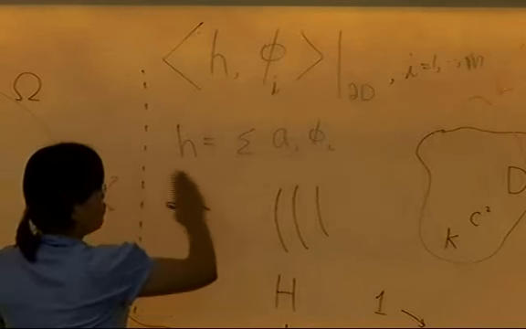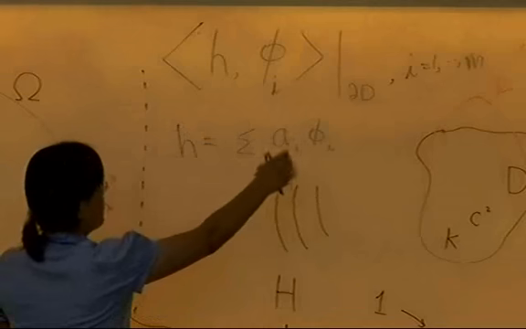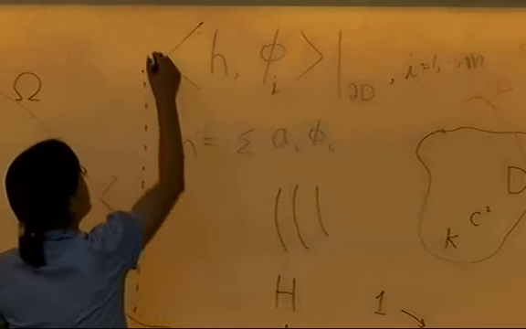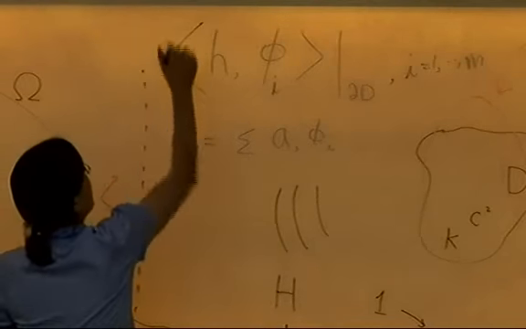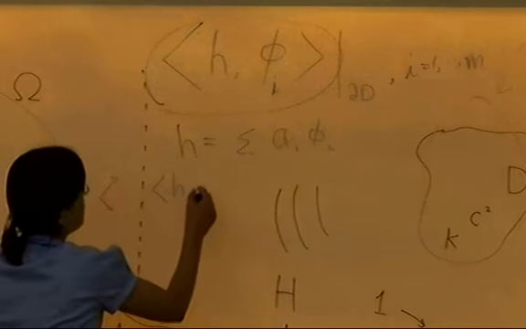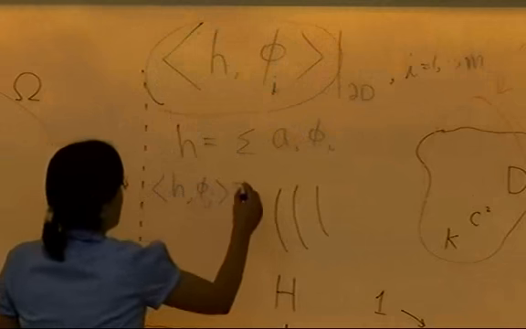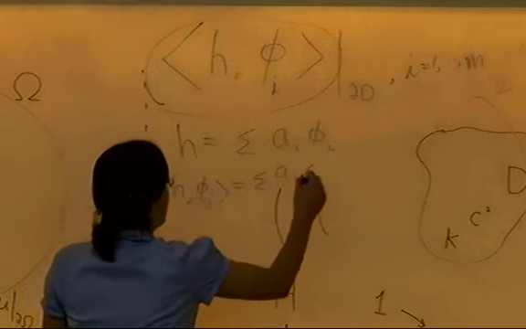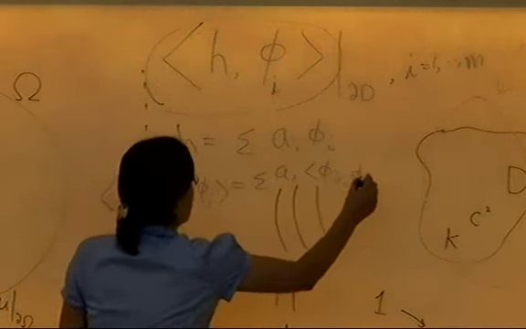So with h as a linear combination of these basis functions, from the measurement information, I just take the inner product of h with phi j, and it is the sum of A i times the inner product of phi i and phi j.